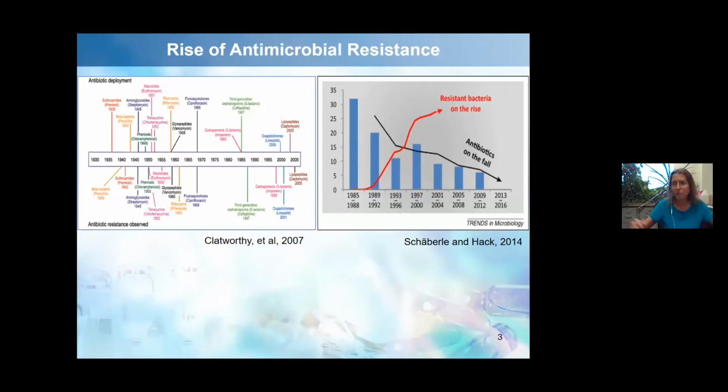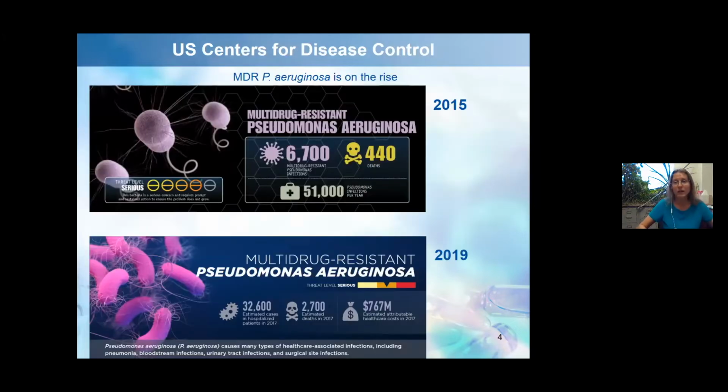And just a quick example here, since you're a somewhat microbiology proficient audience, just one small piece of information. In 2015, there were about 6,700 infections with multi-drug resistant Pseudomonas aeruginosa a year, and less than 500 deaths.